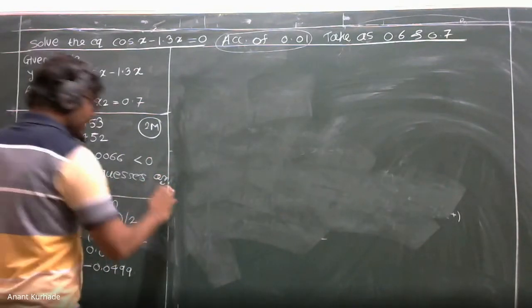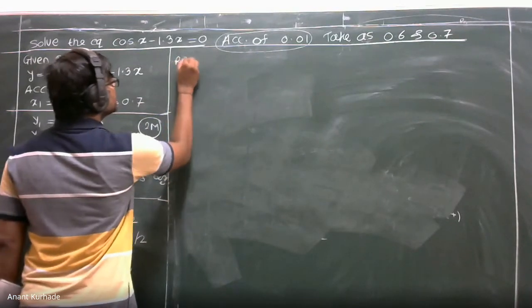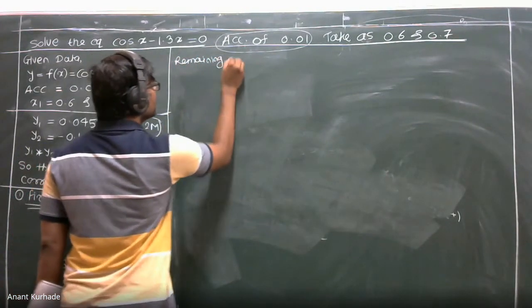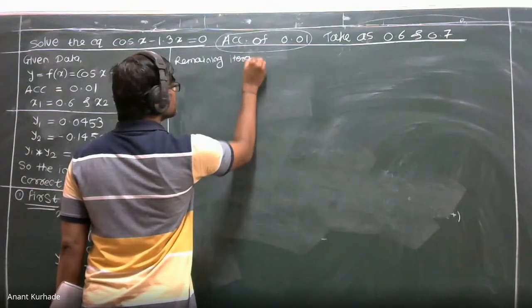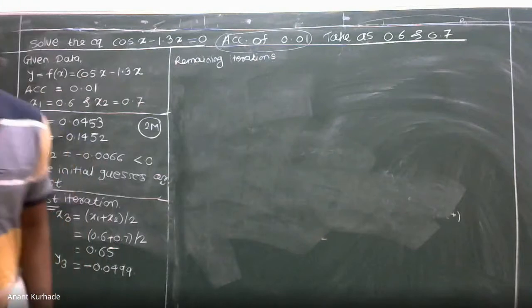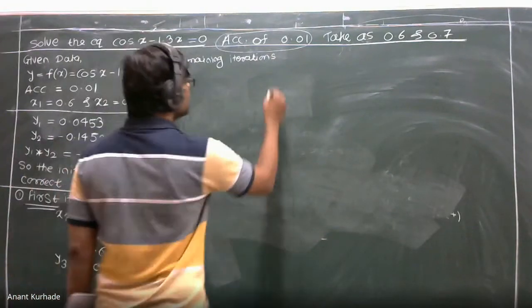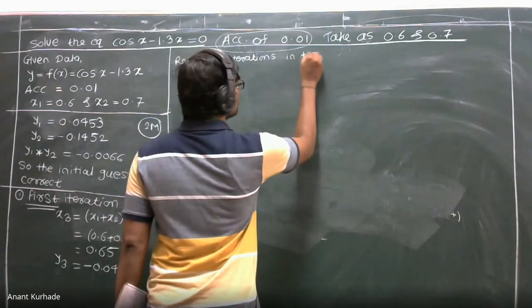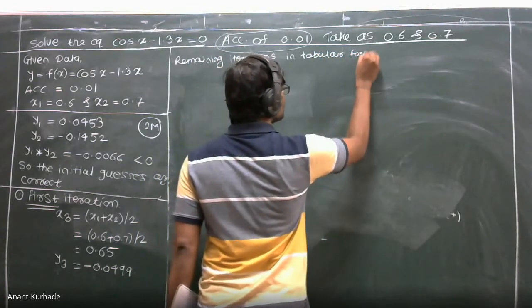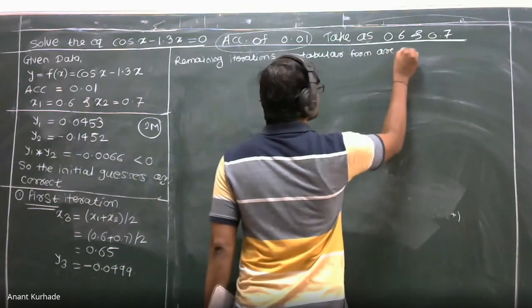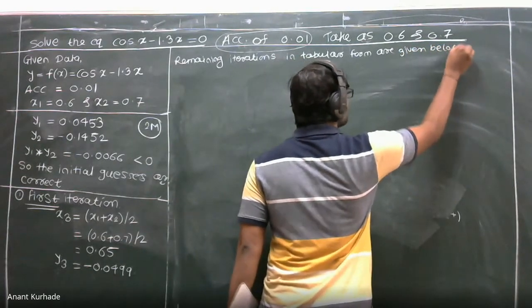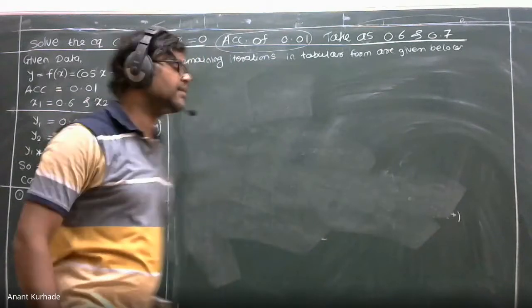Now we can write the remaining iterations in tabular form, as given below. Table form is very simple.